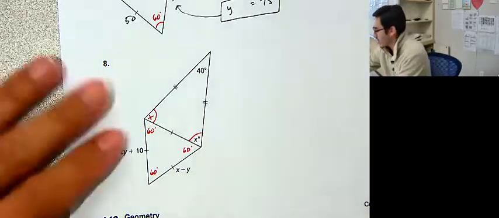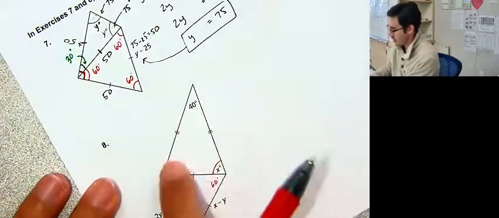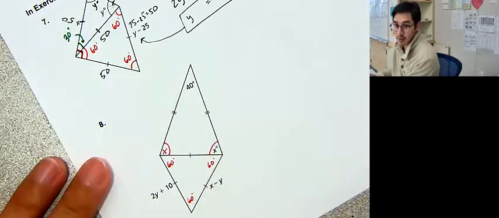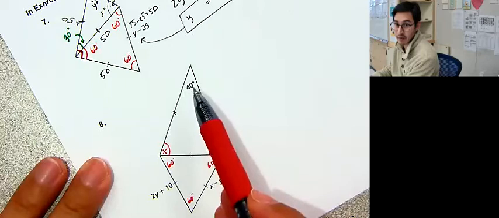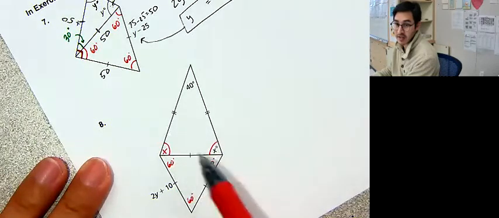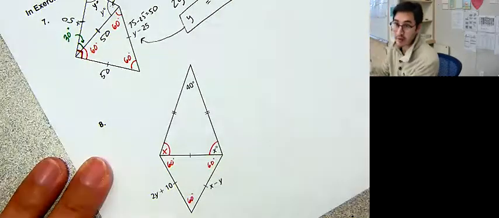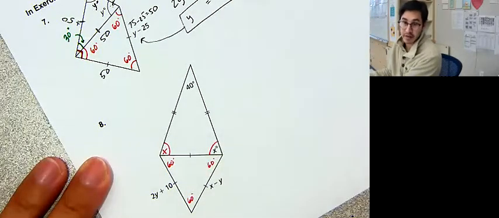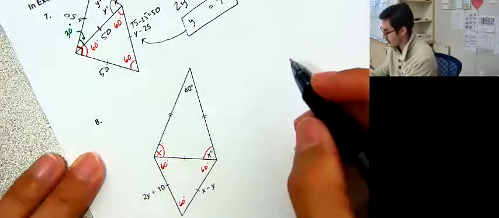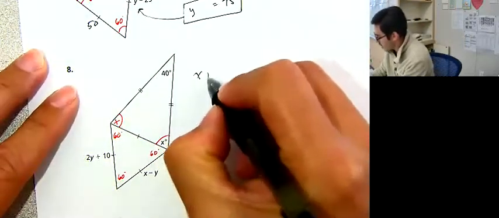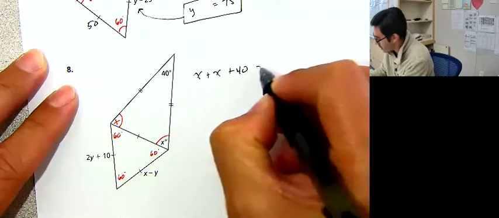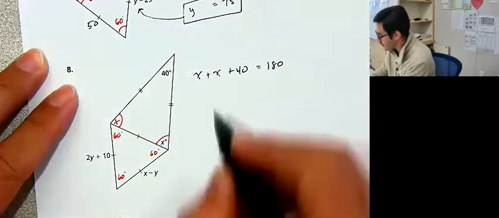All right. So let's solve for x first. If we look just at the isosceles triangle, we see that we have an angle measure of 40 degrees, an angle measure of x degrees, and another angle measure of x degrees. But because of the triangle sum theorem, the three interior angles have to add up to 180. So I can write x plus x plus 40 is equal to 180.